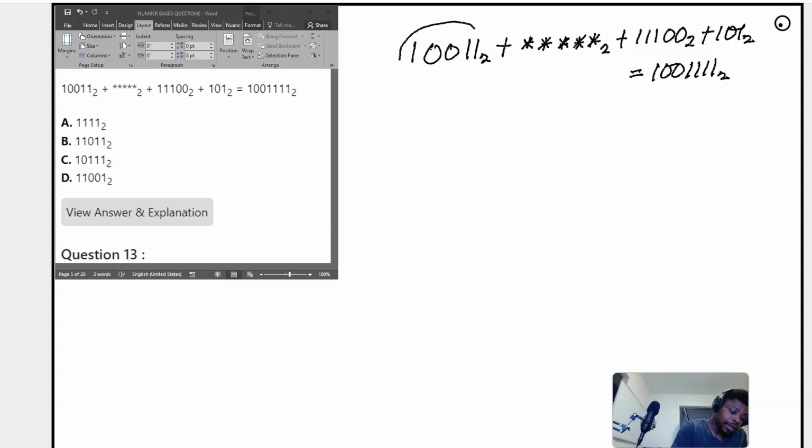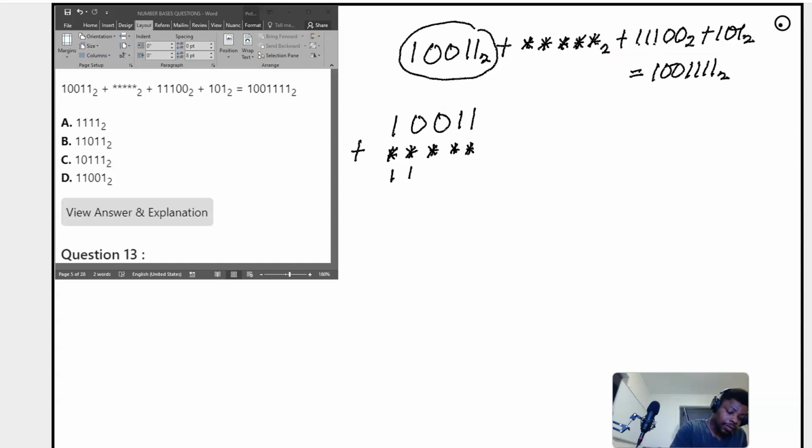The first one here is 10011, plus this, which is 1 2 3 4 5, so that is 5 digits, so we don't know what this is. Then this is 11100.